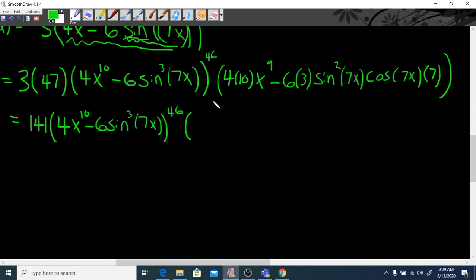Okay, and I'm just going to clean up what I can, right? 4 times 10, 40. x to the 9. Minus 6 times 3 is 18. Sine squared 7x. Oh, oops, I forgot the 7, right? Oops. 18 times 7. Let's see, what's that going to be? That's going to be like 70 plus 56. 126. I have to remember that on the next line.